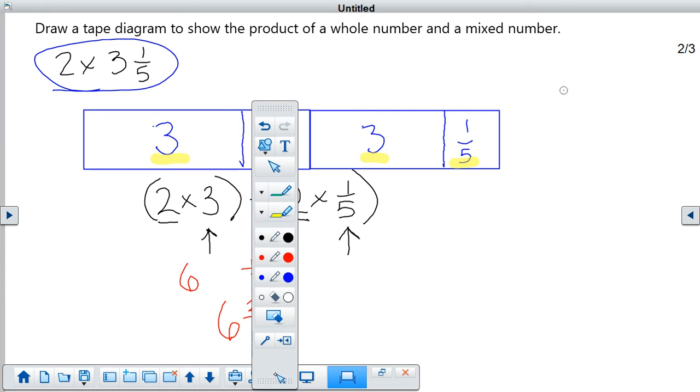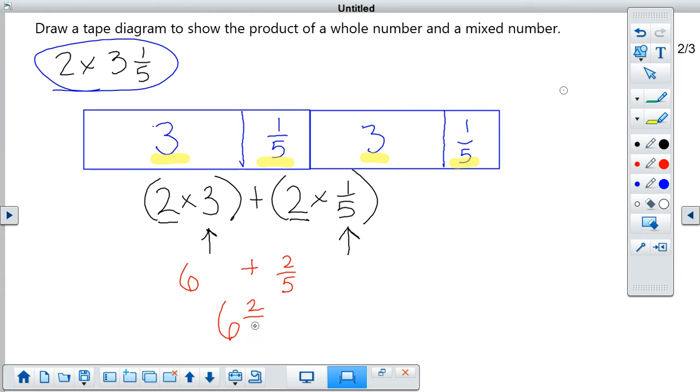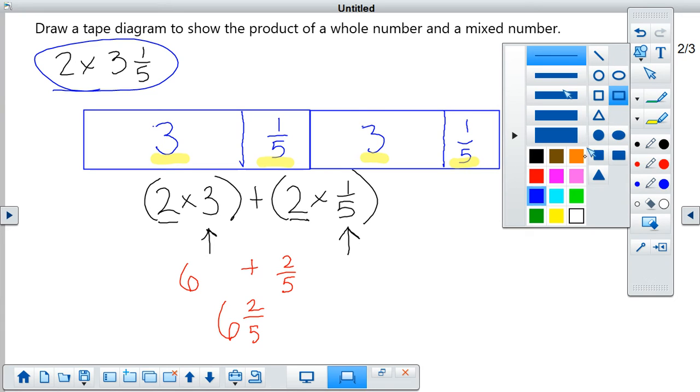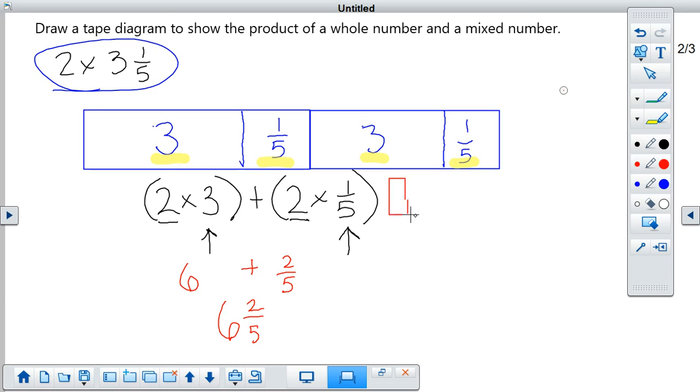Now, another way that we can represent this problem, just slightly different, would be if, and I'll do it in a different color, if I were to basically represent this 2 times 3 and 2 times 1/5 with separate tape diagrams. So I'm just going to do that real quick just so you see that other view.